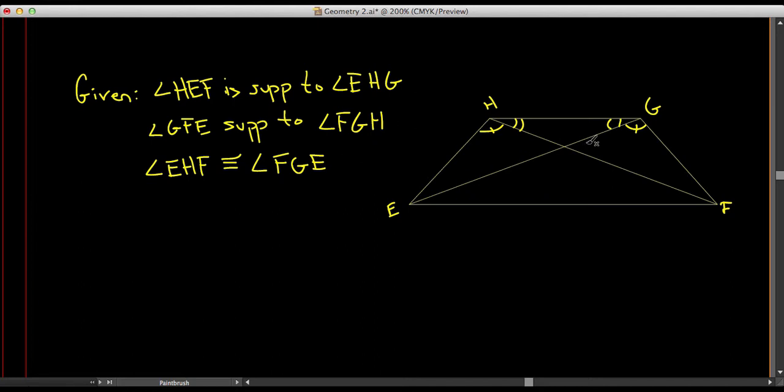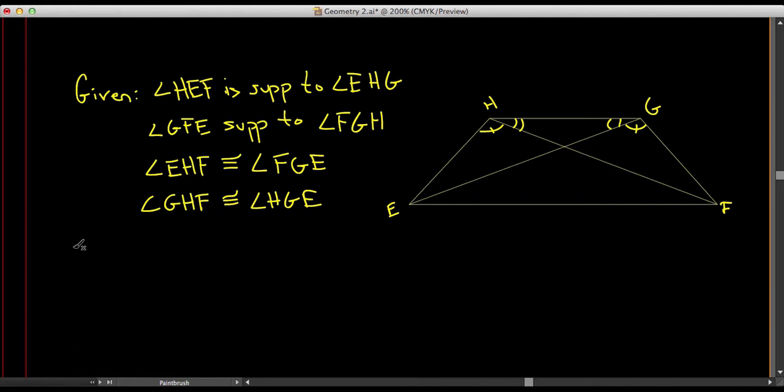And that's given with our little notation right here, these little curved lines. Then angle GHF is congruent to angle HGE. And that's indicated by this notation as well.